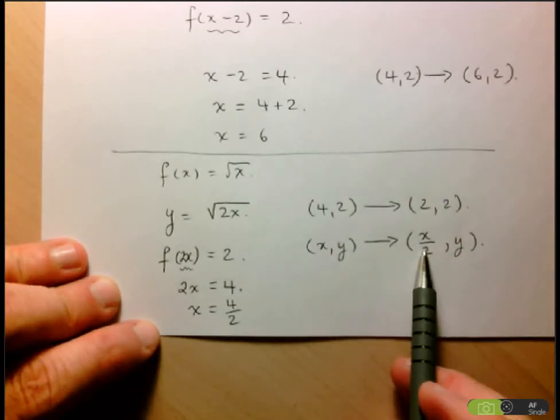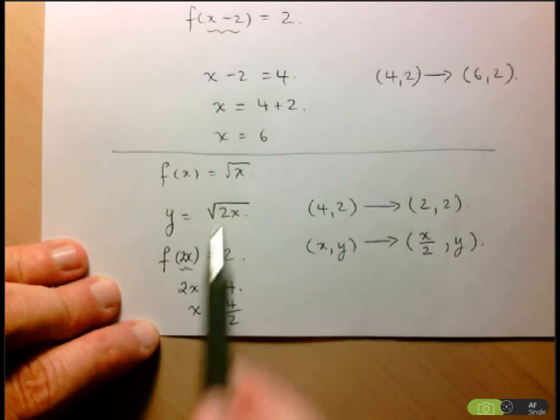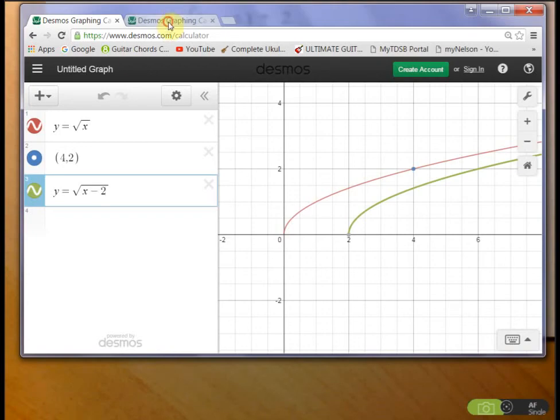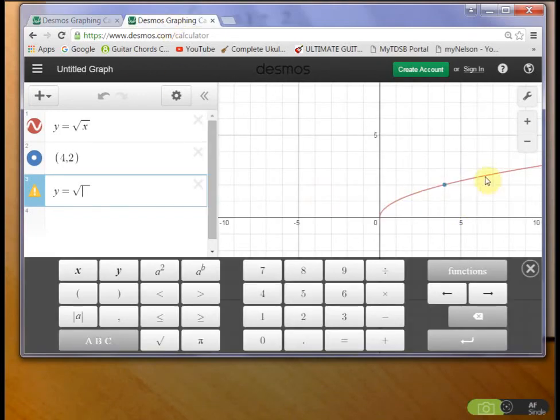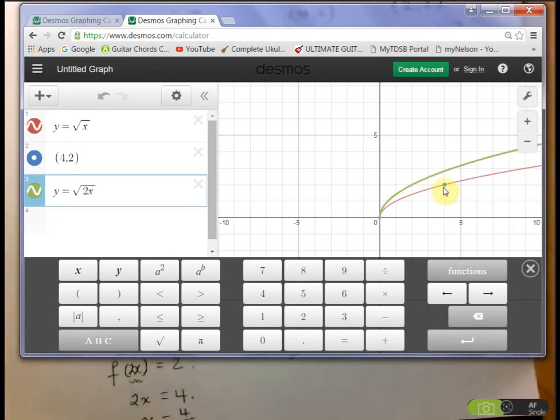So the opposite effect on the x component as we see in the input of the function, which of course we can confirm by looking at the graph. So again, I start with root x, and I consider the point (4, 2). When I look at the function root 2x, we see that by keeping the y component constant, the x component gets divided by 2.